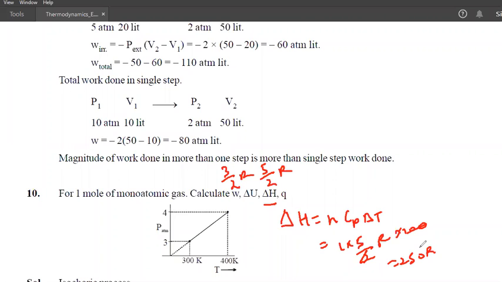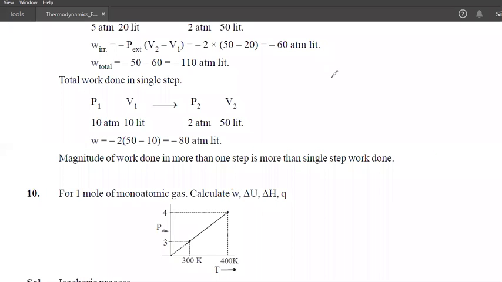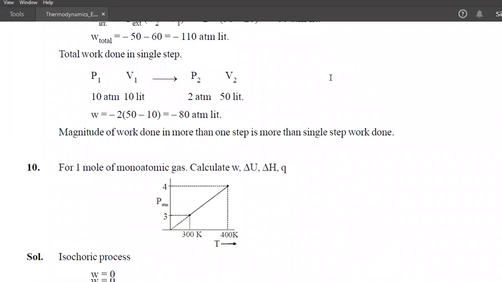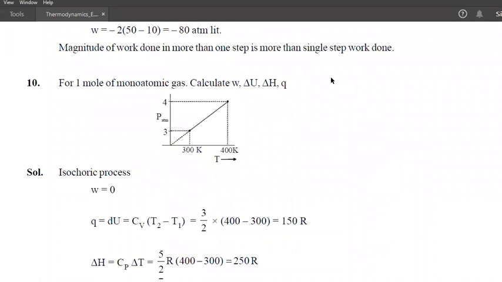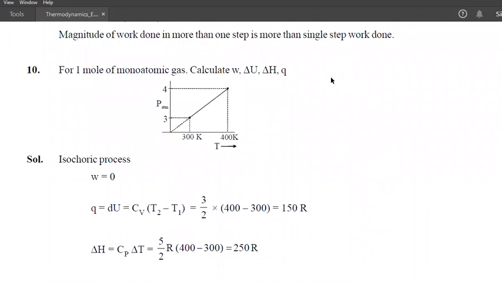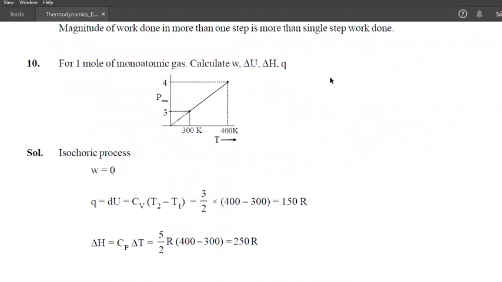Everyone got this? You understood this? Any doubts? Are you getting how to solve these problems?